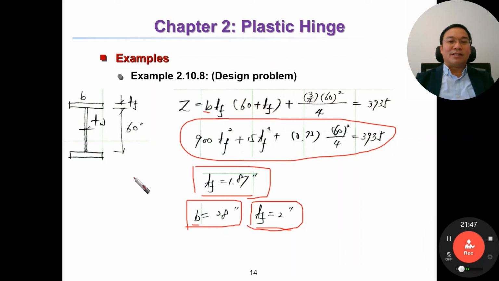In practical design, once you have experience, you know which value should be the best choice.